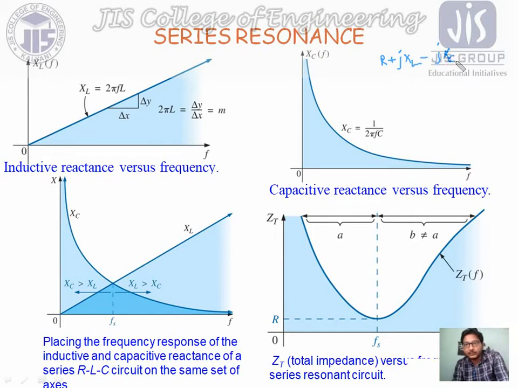And if we put in the values of XL and XC, our actual value was R plus j into omega L minus 1 by omega C.